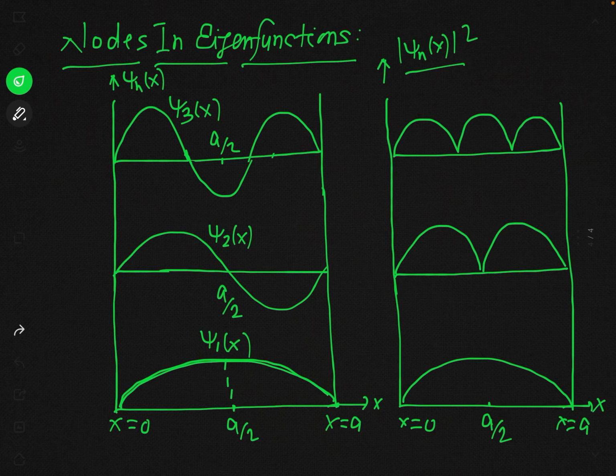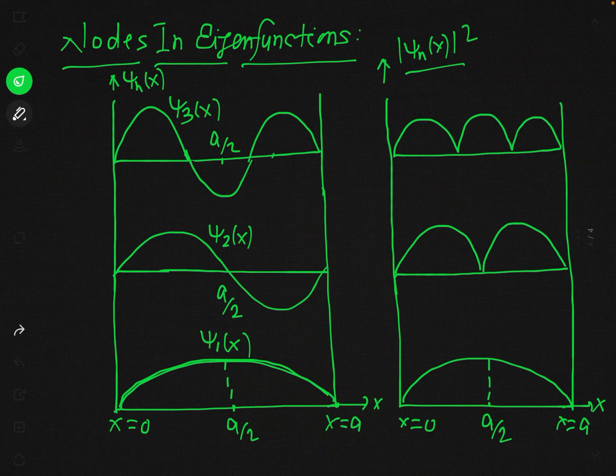The eigenfunction is maximum at x equal to a by 2, and in the second figure you can also see that the probability density is also maximum at x equal to a by 2. This means the particle has maximum probability of being found at the middle. On the other hand, the wave function vanishes at the endpoints, at x equal to 0 and x equal to a. So at these two points the probability of finding a particle is 0.